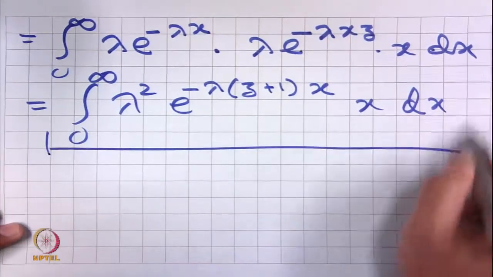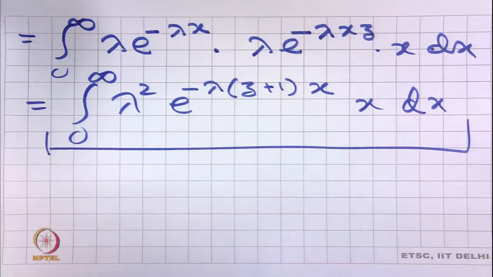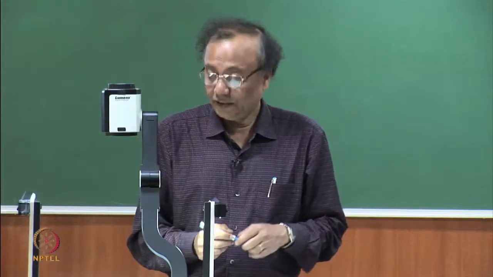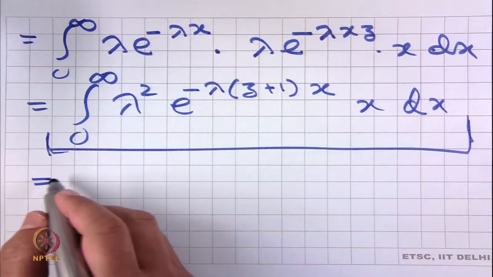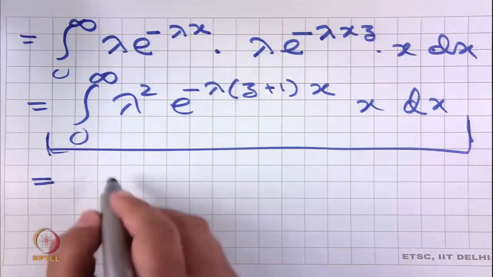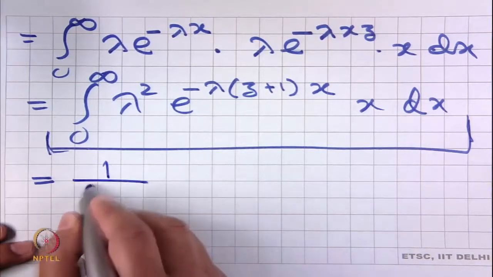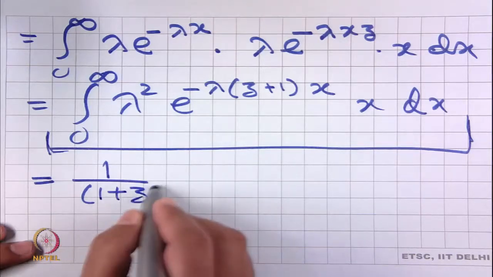And now, we see that this becomes the same as what we get in the first term. Therefore, without evaluating it any further, we can say that this is going to give us 1 upon (1+z) whole squared.